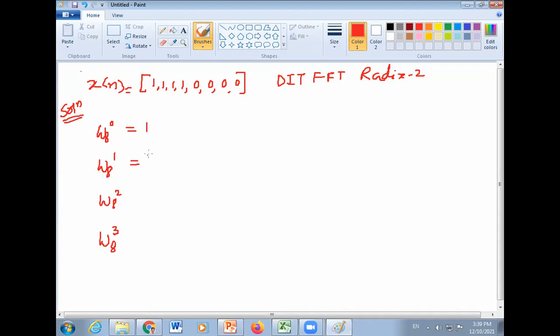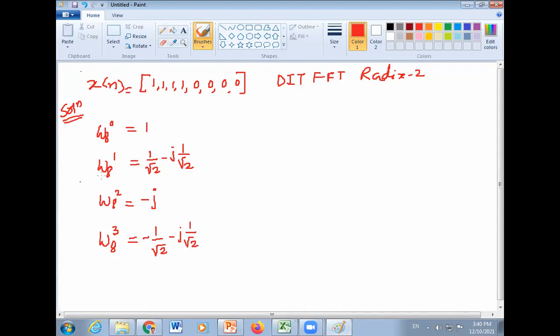I have already given all these values to you. 1 by root 2 minus j 1 by root 2. Correct? W8 to the power 2 is minus j, and W8 to the power 3 is minus 1 by root 2 minus j 1 by root 2.